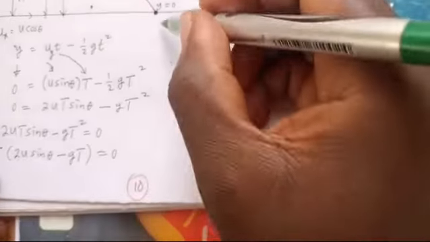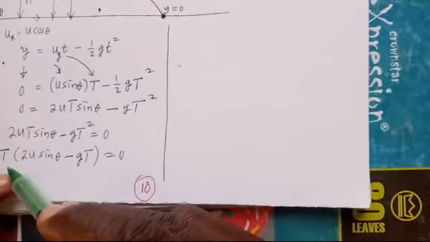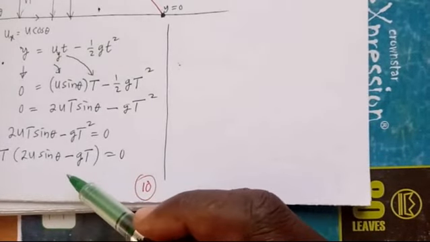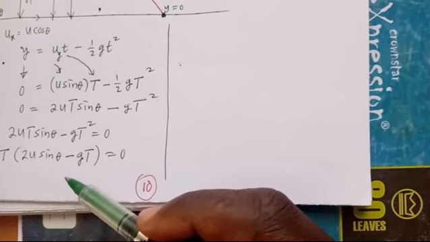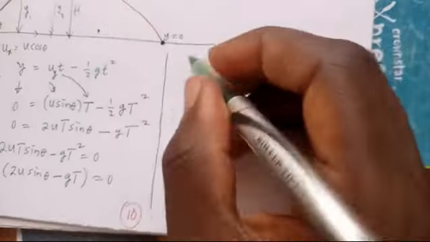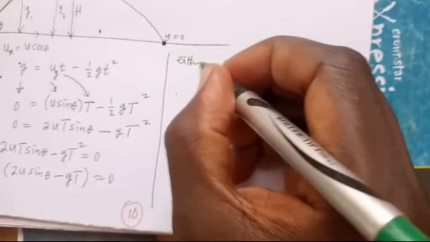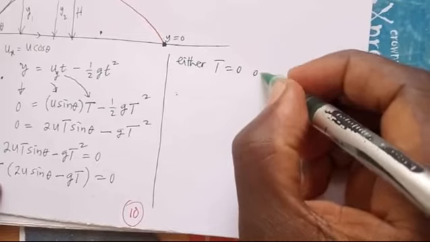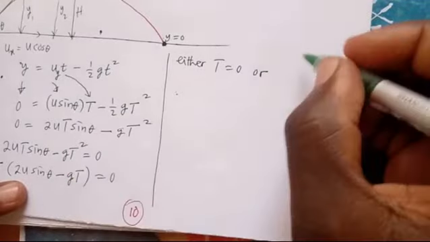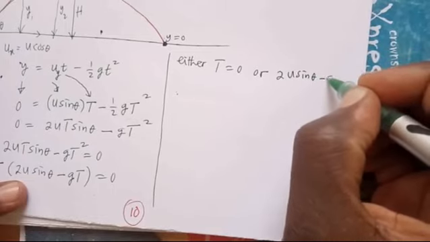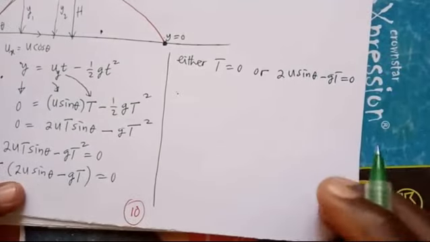Moving on. This one we remember from our idea of quadratic equation. When we solve a quadratic equation by the factorization method, at the end we say either this first one, T is equal to 0, or what is in the bracket, 2u sine theta minus gT is equal to 0.